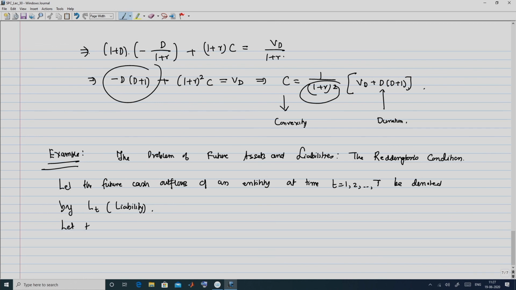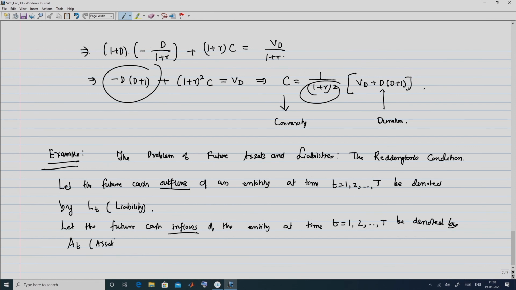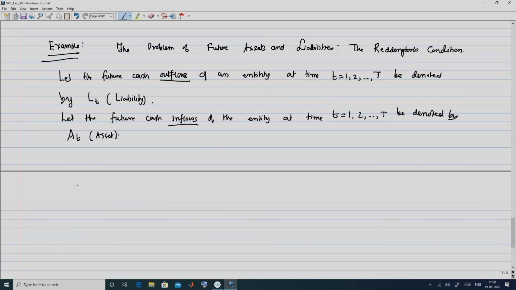Also, let the future cash inflows, as opposed to outflows, of the entity at time t equal to 1, 2 all the way to capital T be denoted by say A_t, and A is for asset.